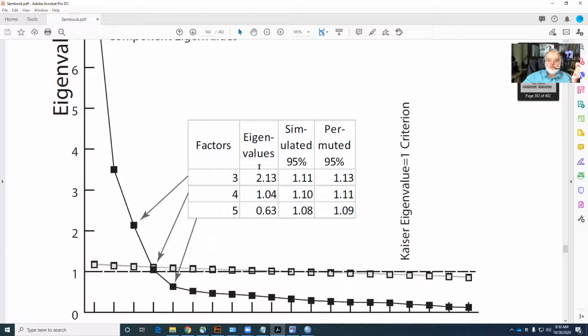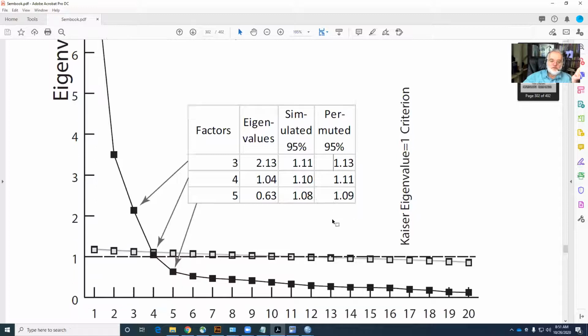So in this data set, here are the eigenvalues I have in my data. And if I do this simulation of a normal distribution given the correlation, I permute that, these are the highest 95% values of eigenvalues. And if I permute the data, that is, if I take each column of data and I scramble it, order it randomly and make a new data set and keep doing that, these are the eigenvalues I'll have.